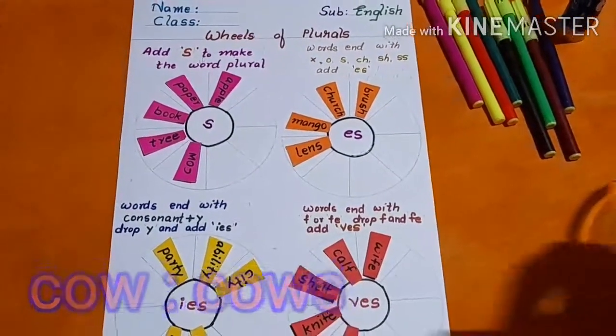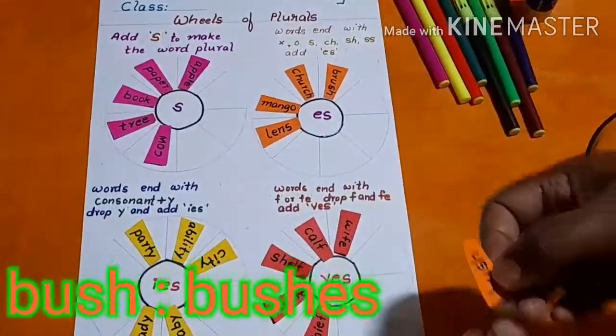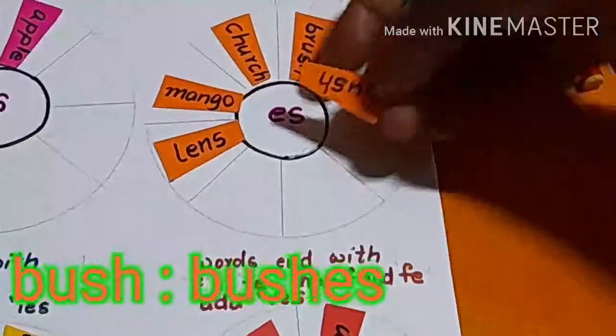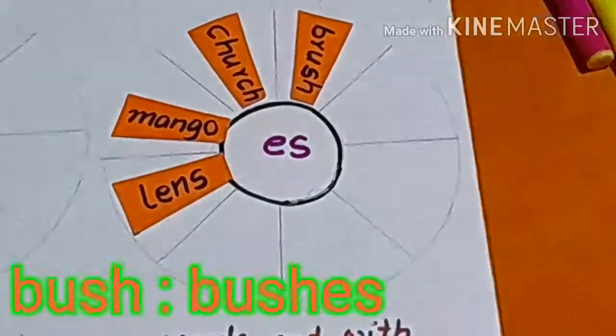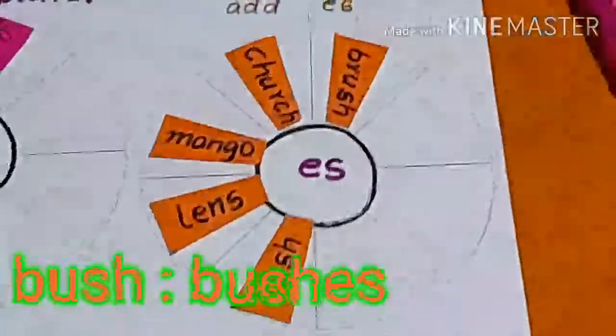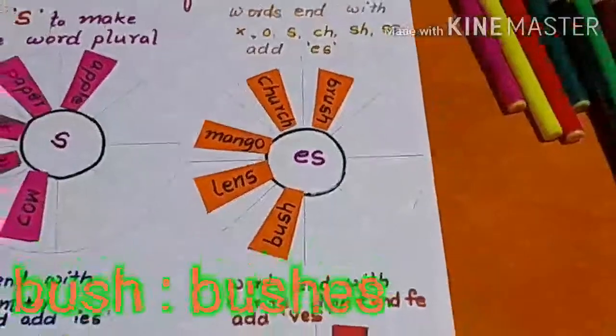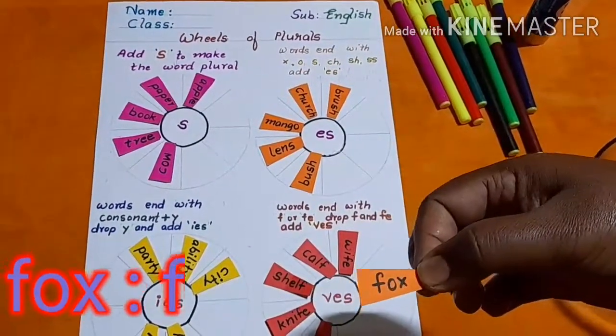Next word we got is bush, ends with SH. So it will go to the second wheel and it will become bushes. We have to add ES to the word. Next word I got is fox.